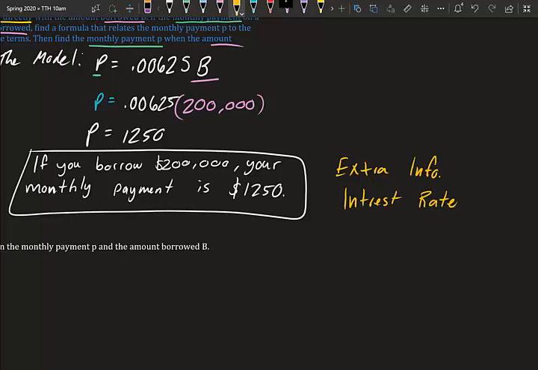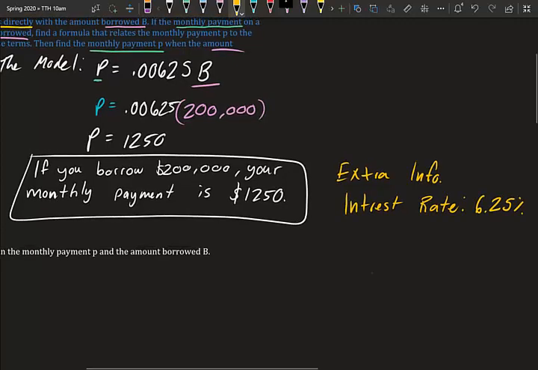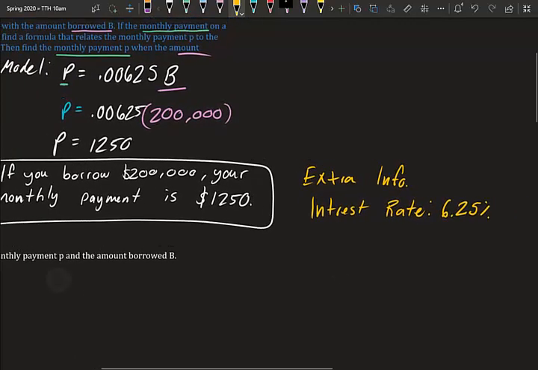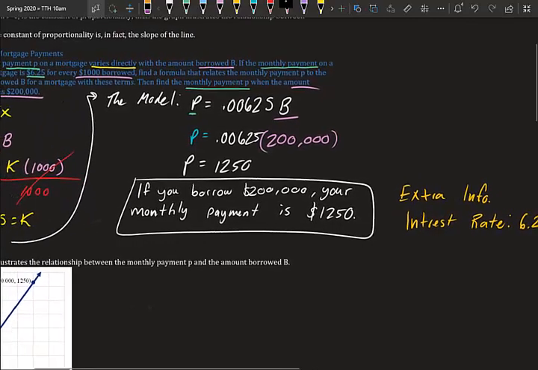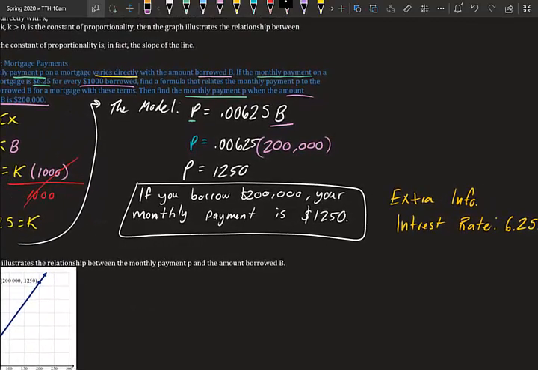The interest rate for this loan is 6.25%. That's what an interest rate means, how much every $1,000 you're going to be charged. So every $1,000 you're going to be charged $6.25. So that's why it's a 6.25 interest rate.